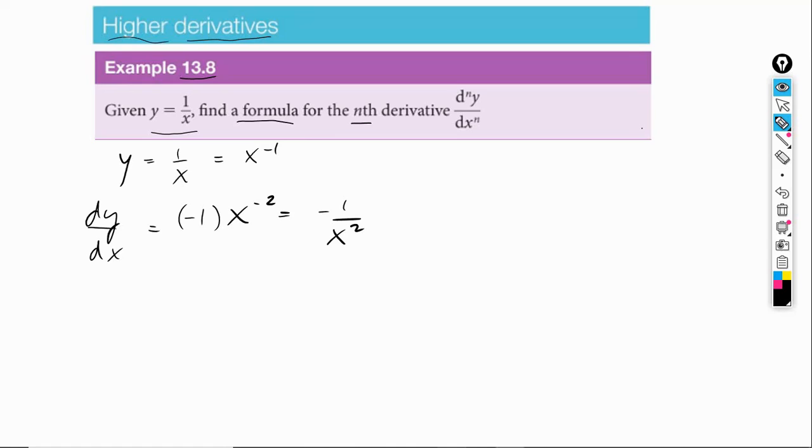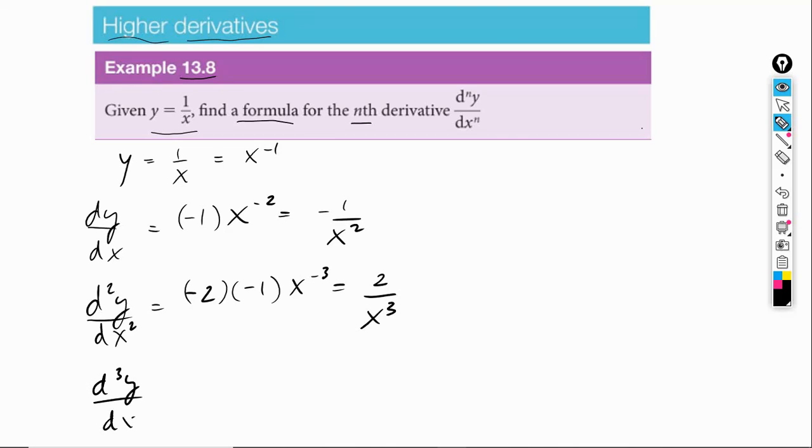All right, so now let's do the second derivative. So this is equal to minus 2 times minus 1 times x to the minus 3. So this will be 2 over x cubed. All right, let's do the third derivative.